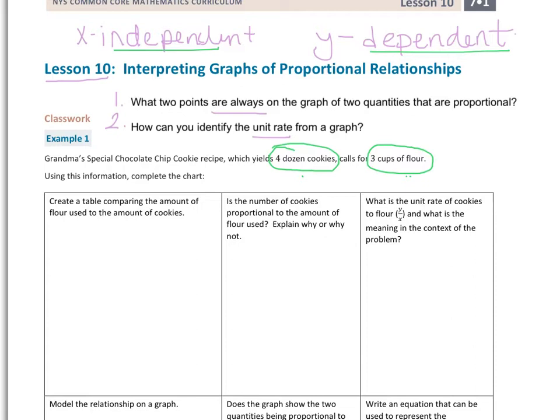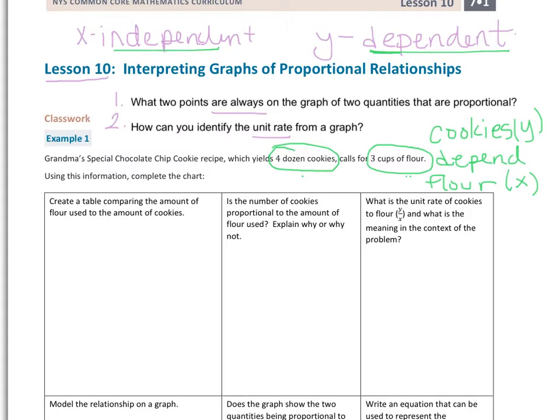I'm going to go with cookies. The number of cookies we can make is going to depend on how much flour we have. So cookies are going to be our y value because they are dependent on how much flour, our x value.